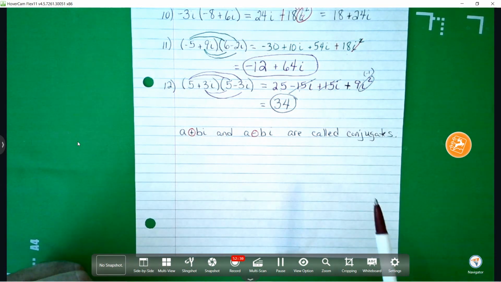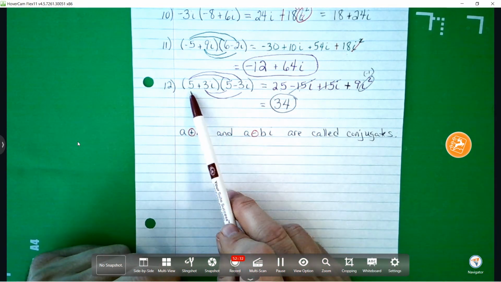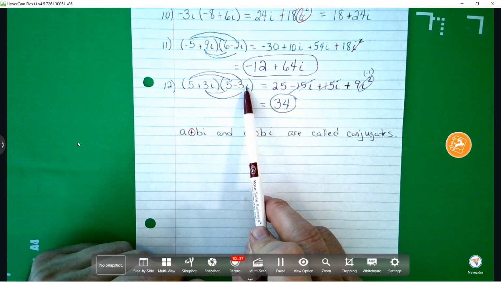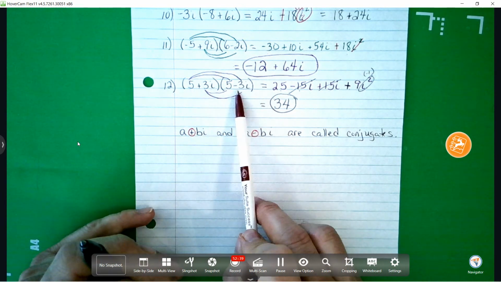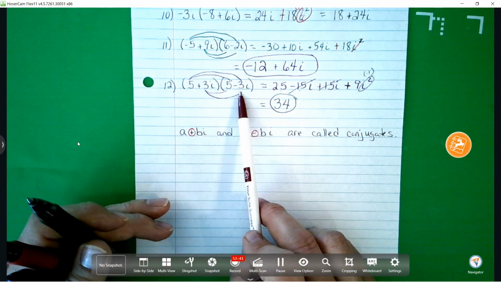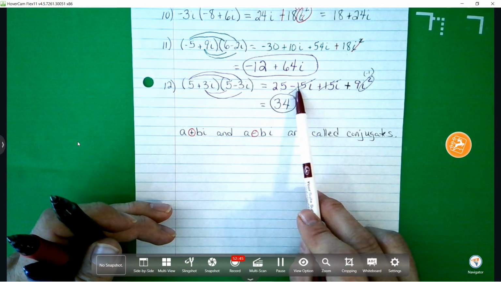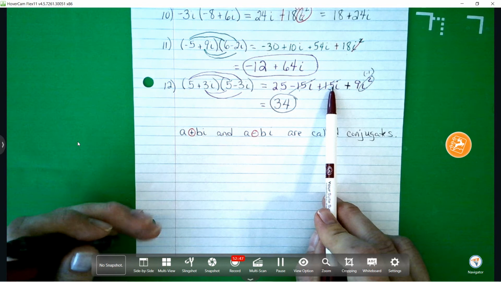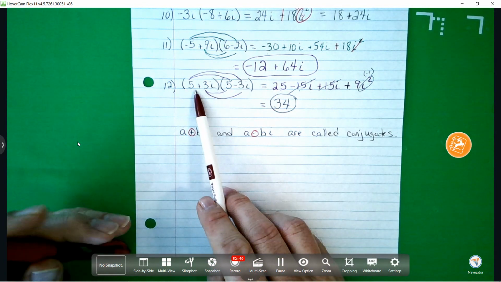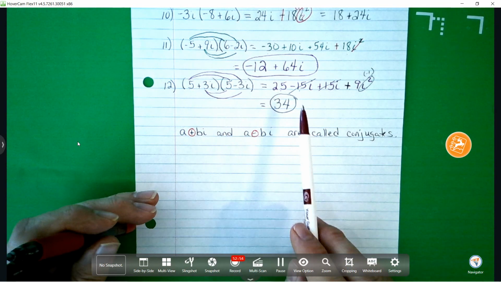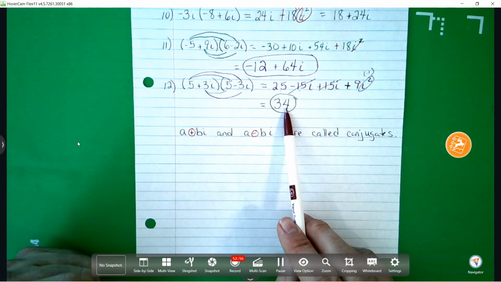Something interesting about multiplying conjugates, like right here, 5 plus 3i and 5 minus 3i. These are conjugates, and notice when you multiply them out, these middle terms are always going to subtract out. So we can make the statement that if you multiply two complex conjugates together, you're going to get a real number.